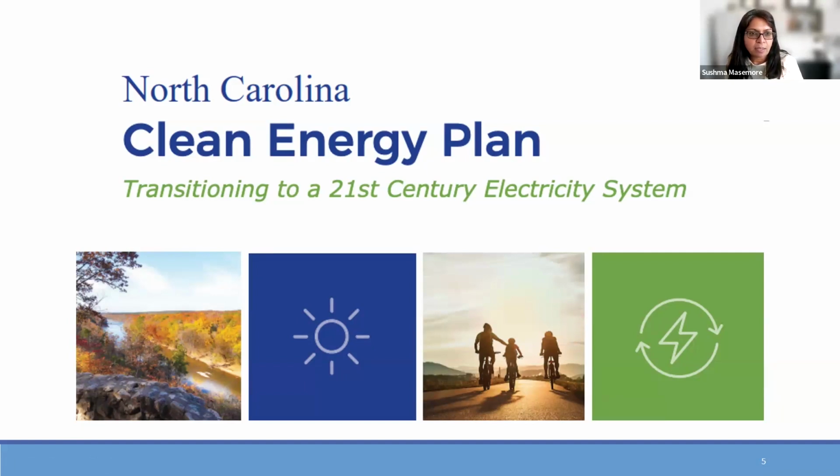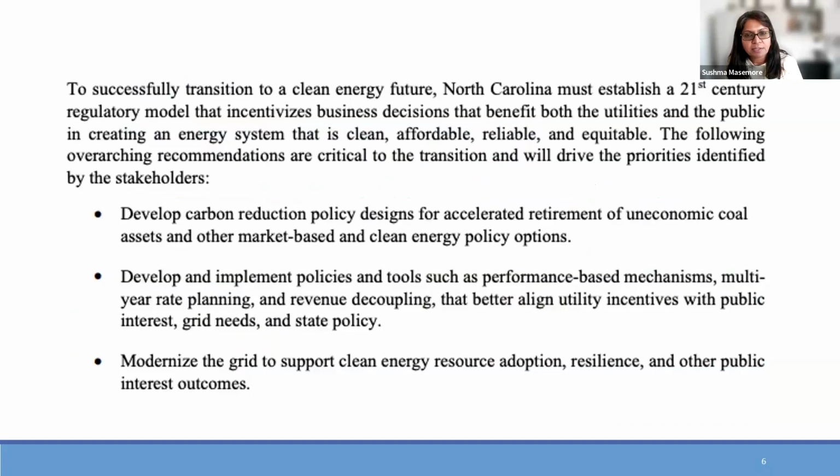I'm not going to go into the details of what it took to produce this plan, but we did a lot of modeling and data analysis to support the 3 primary goals that came out of this plan. And again, the key thing that we heard across the state is that carbon reductions and affordability and reliability were the 3 tenets of the state's priorities. And so we set out this vision of what a clean energy future for the state could look like.